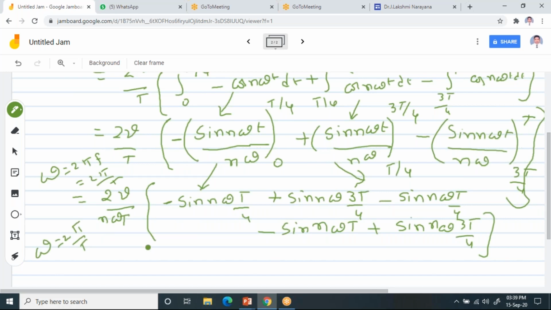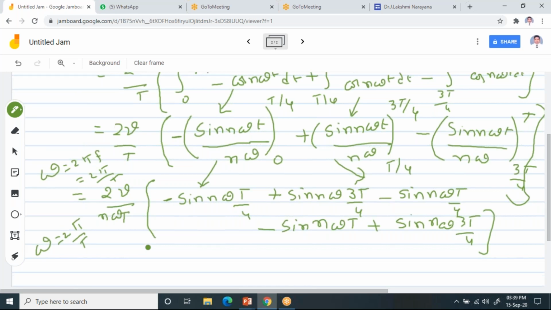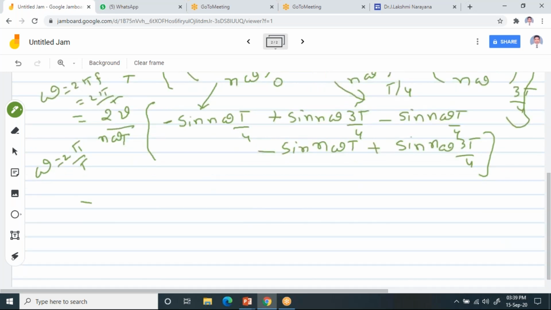I'm going to simplify these terms. Here I can write 2V by n omega T as 2 pi n. Now here omega T I can write as 2 pi, and 2 pi by 4 I can write as pi by 2. Wherever I have omega into capital T, I can write it as 2 pi.